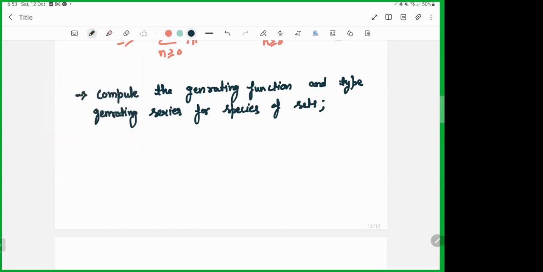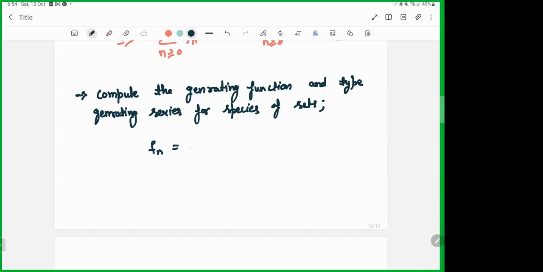So what is the generating function for the species of sets? What is Fn? The number of sets with n elements is one.